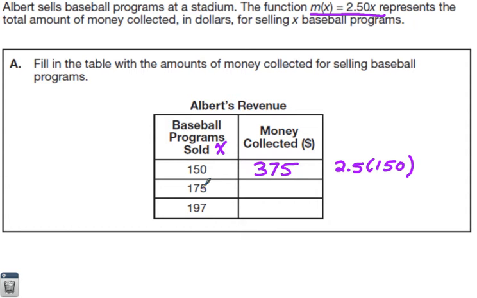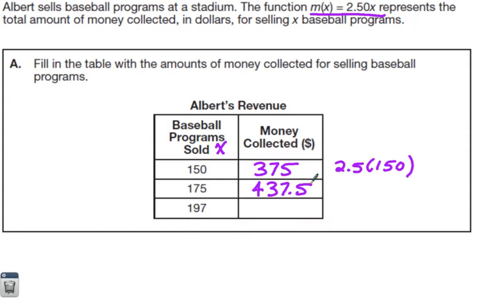And just continuing on the table, now we're going to plug in 175 in for X because that's what X represents. And so we're going to do 2.50 times 175. And the calculator says that is $437.50.